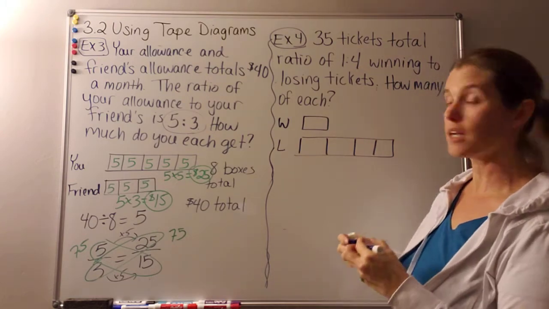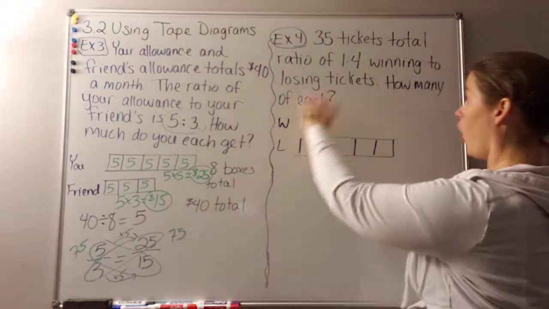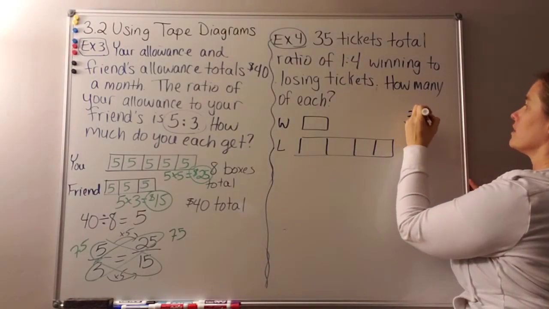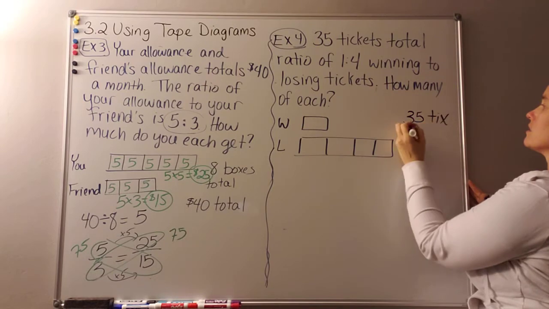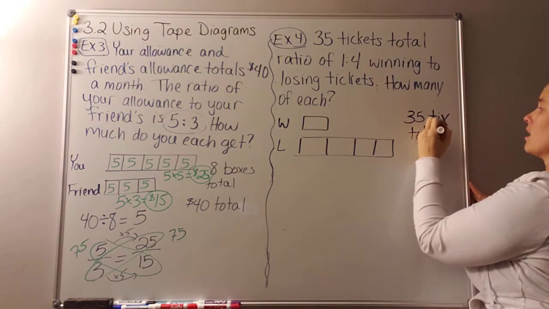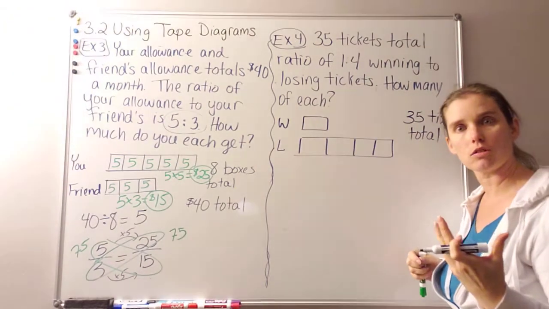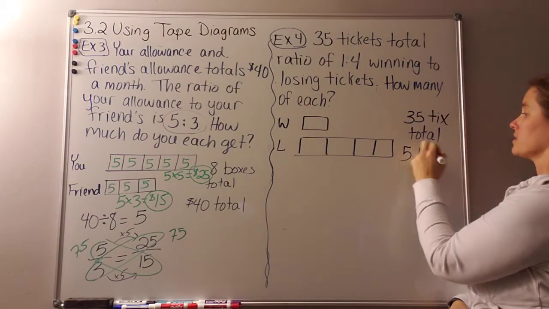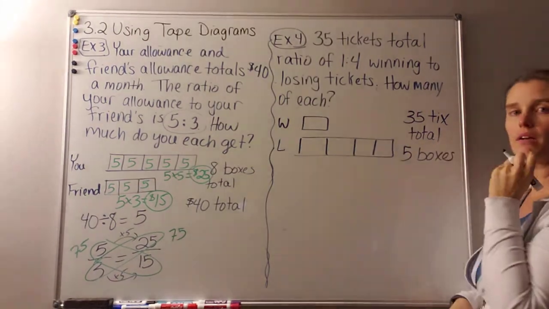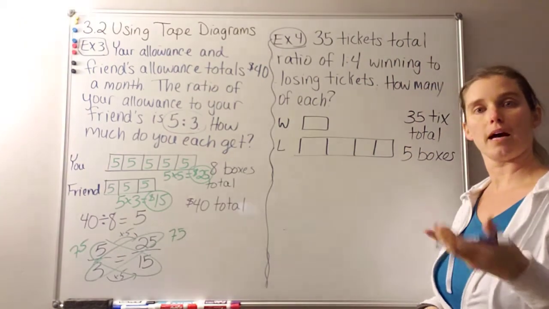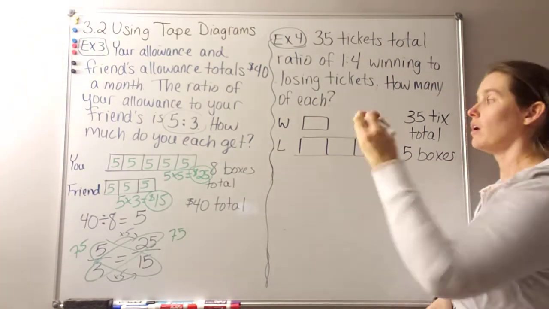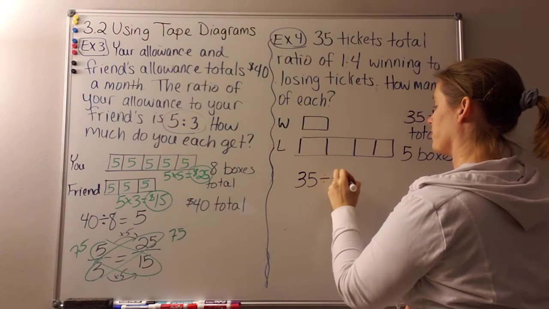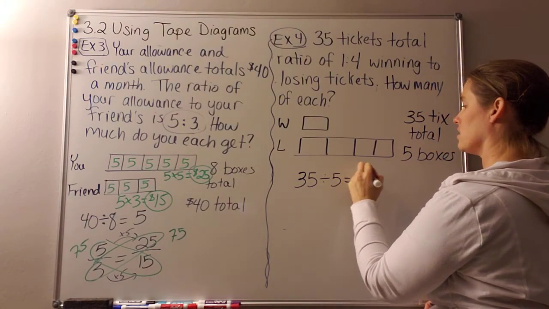How many tickets do we have total between all of the boxes? Got 35 tickets total. How many boxes do we have total? 1, 2, 3, 4, 5. 5 boxes. How are we going to figure out how much each box is worth? Well, you said 35 divided by 5. That equals 7.